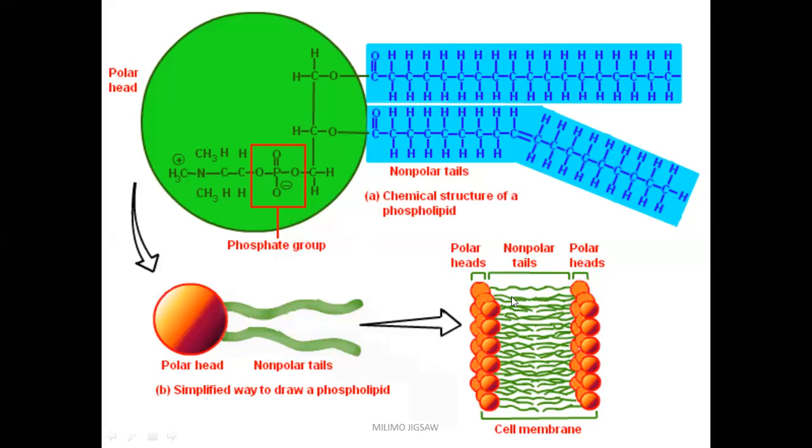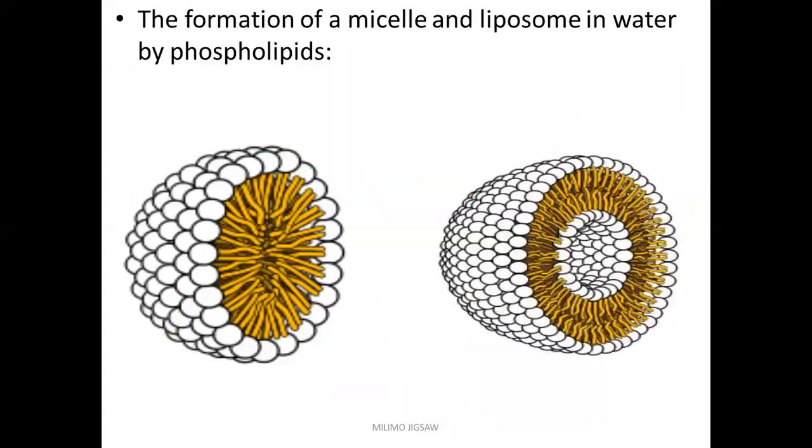And hence, no wonder they are very suited for their structural presence in cell membranes. The phospholipids are also able to form micelles and liposomes in water due to their amphipathic properties.